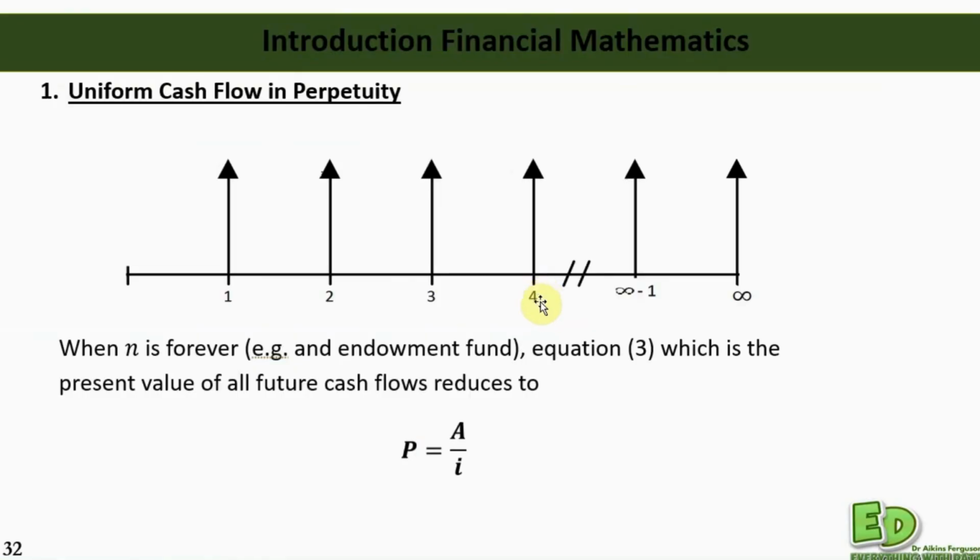So the present amount here is what? The $2,000 over 0.05, which is the interest, and that should give you $40,000. It means that the forever payments that you are receiving, that is the 2,000 forever, is worth $40,000 today, right? That is what the perpetuity is trying to say.